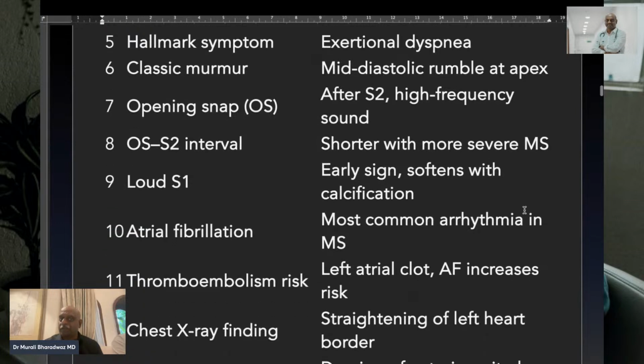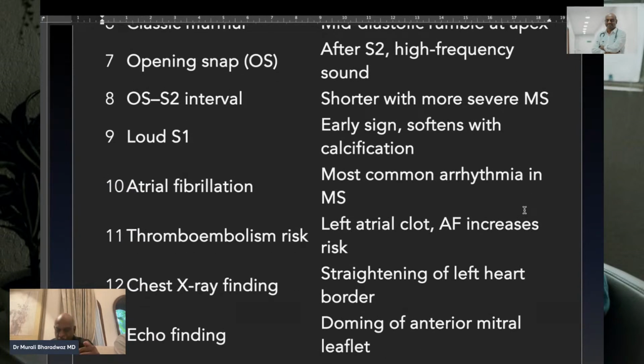So opening snap. Then between this opening snap and the S2, how is the interval? That is an indicator of the severity of mitral stenosis. The aortic valve closes, S2 happens, and then the mitral valve opens. What decides how fast it will open?